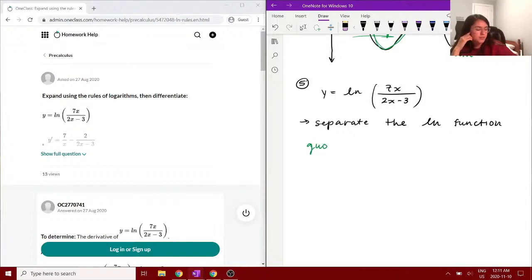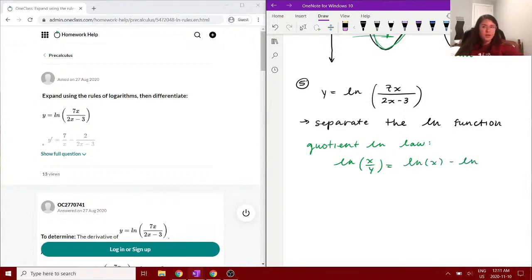I have to remember how to spell that. Quotient ln law. And that states that the ln of x divided by y is equal to ln x minus ln y.